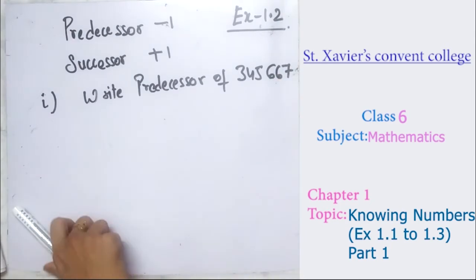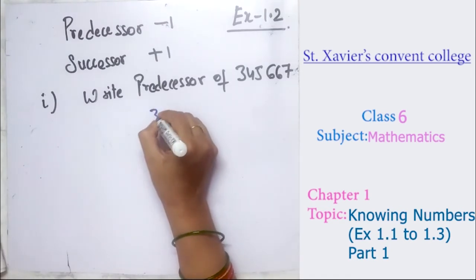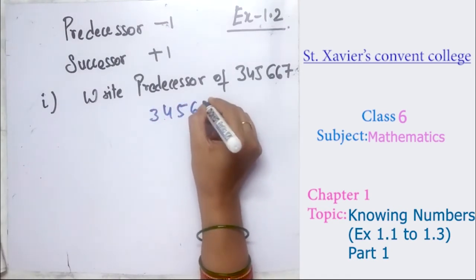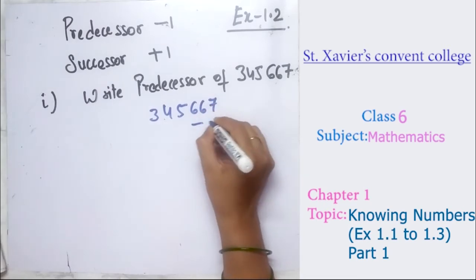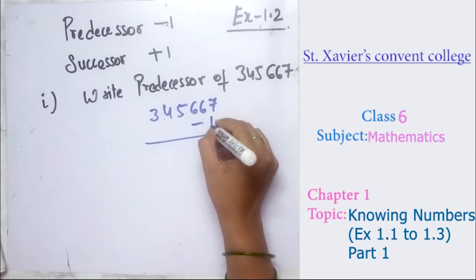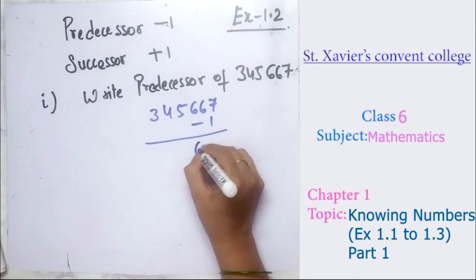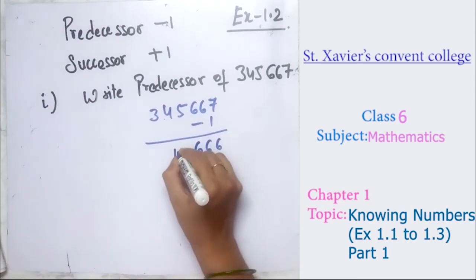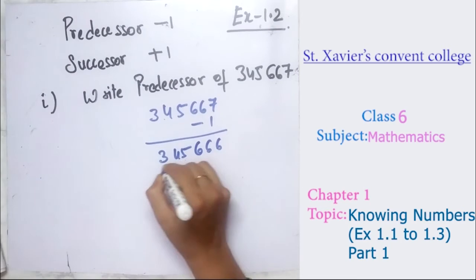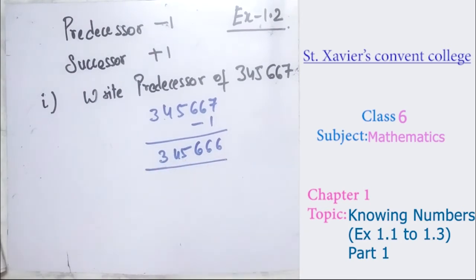Simply what you have to do, you have to subtract 1 because it's a predecessor. So when you subtract, you will get 3, 4, 5, 6, 6, 6. This is your predecessor and this is your answer.